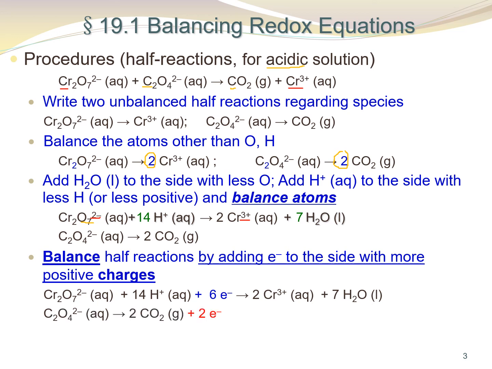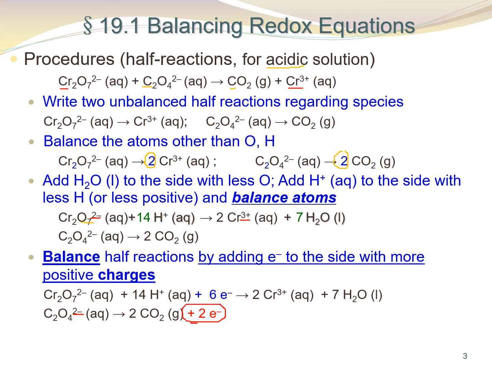Now, let's take a look at our second half reaction. In our second half reaction, we got a 2- charge and 0 charge as a neutral molecule. We're going to add 2 electrons on the more positive side. 0 is the more positive side, of course, so we can add 2 electrons right here.